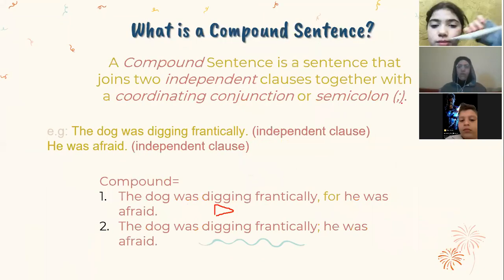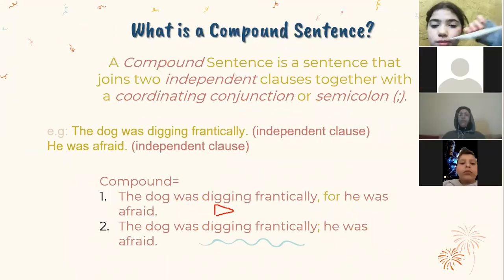Okay, before I continue, I think Lana wants to ask something. Yes, Lana? What's the meaning of independent? I explained the word independent. When we say independent, we mean that it can stand alone. It can work alone. It doesn't need help from anyone else or something else.